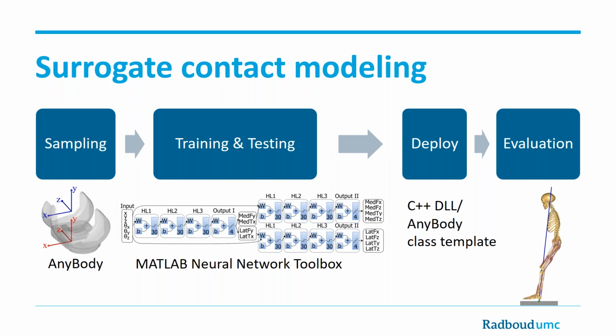And this neural network basically learned the relationships between the loads on the medial and lateral side of the prosthesis and the positions that we gave as input. At the end of the training stage, we tested the networks, and we could translate this into mathematical functions to estimate the loads, knowing the positions.